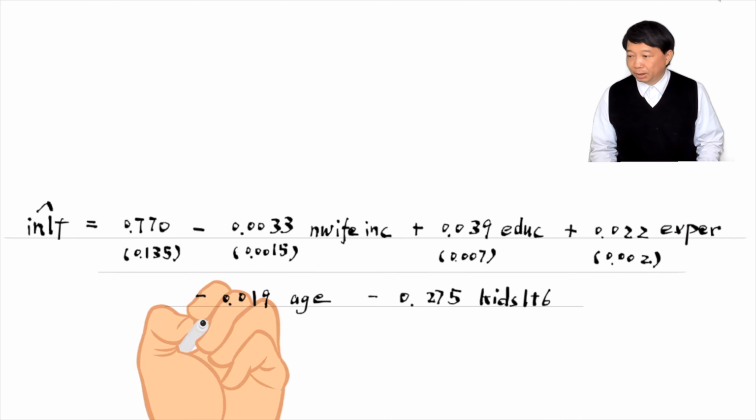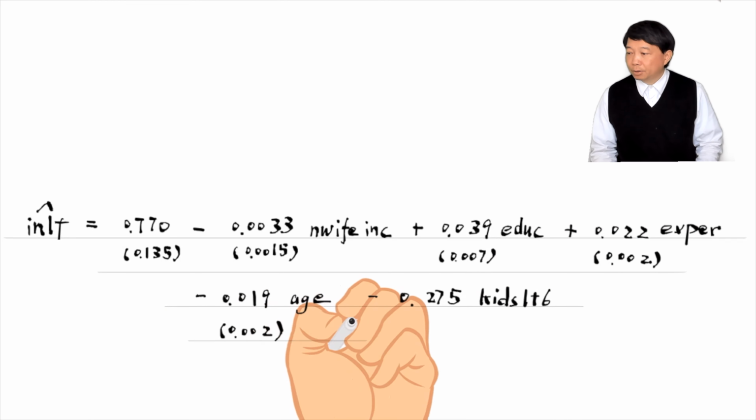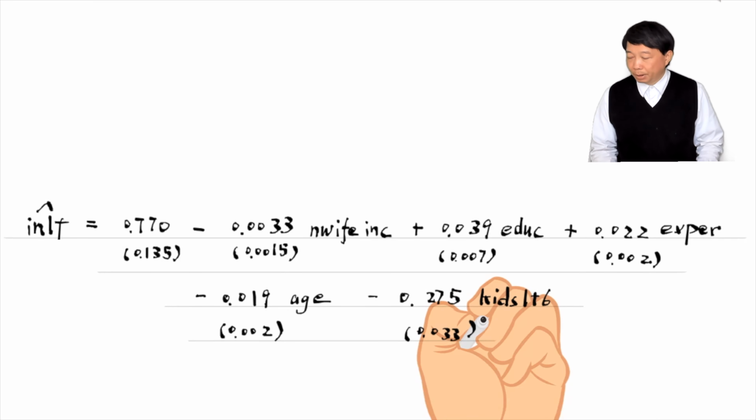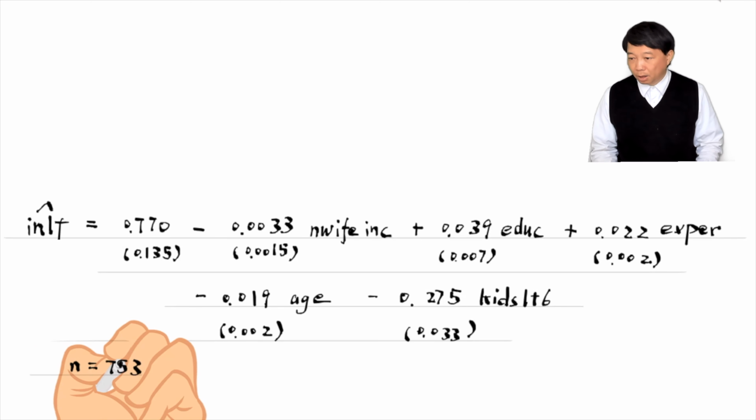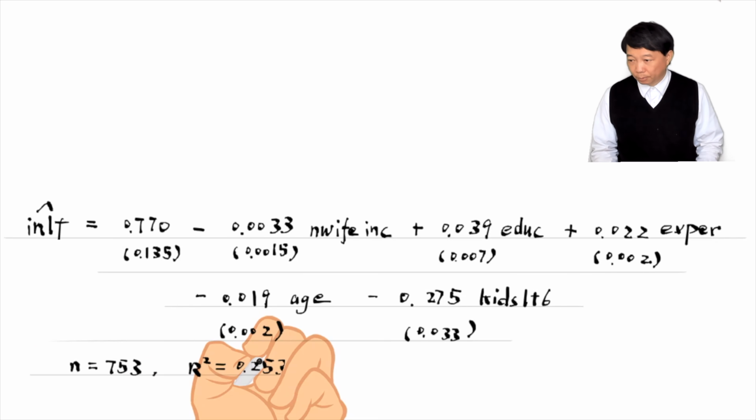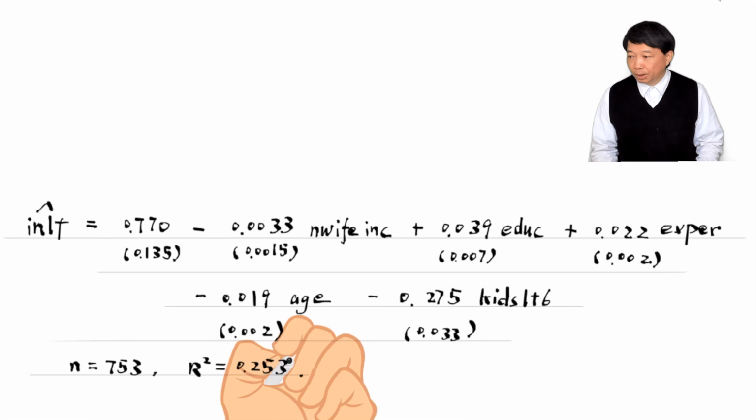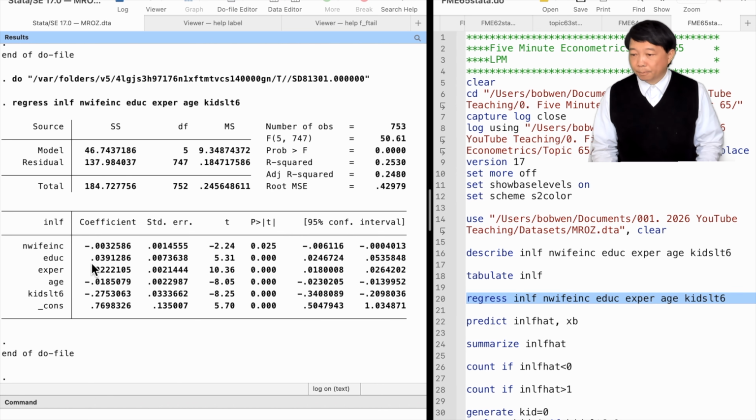To interpret the estimates, keep in mind that the estimates are the estimated changes in the probability of labor force participation when the explanatory variable increases by 1 unit. 1 more year of education increases the probability of married women's labor force participation by 0.039 or 3.9%, holding other factors constant.